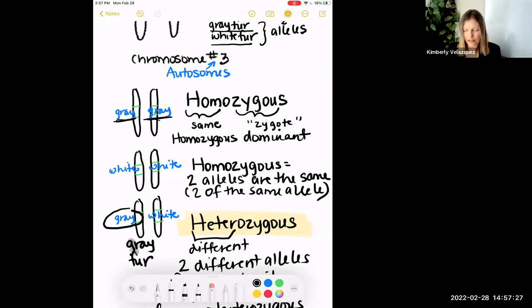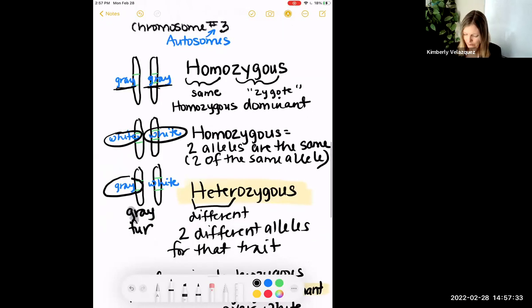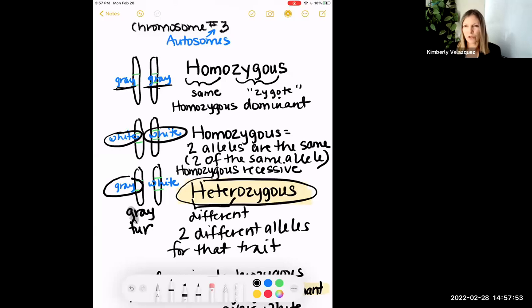And this individual that has white and white, they are going to be what's called homozygous recessive. They have two of the recessive allele. So that's how we differentiate between those two. The only way we know which trait is dominant and which one is recessive is, again, looking at the heterozygous individual. The trait that gets expressed in a heterozygous individual is the one that's dominant.